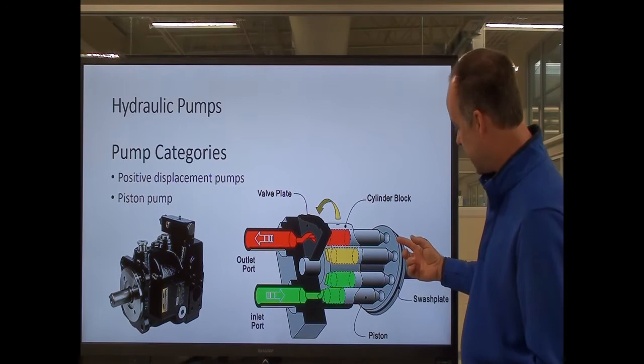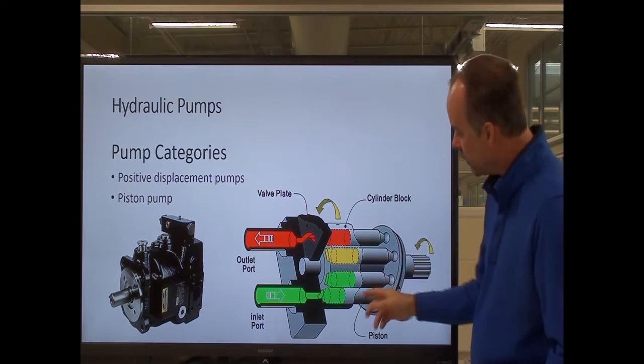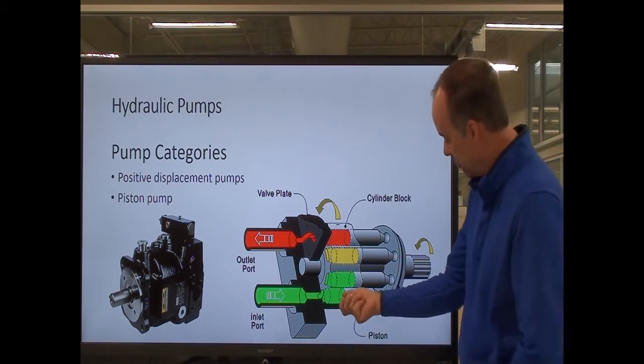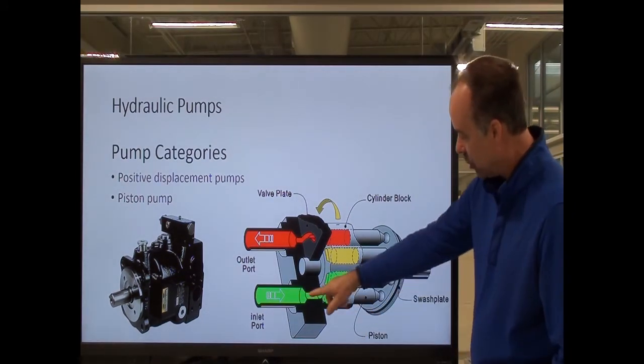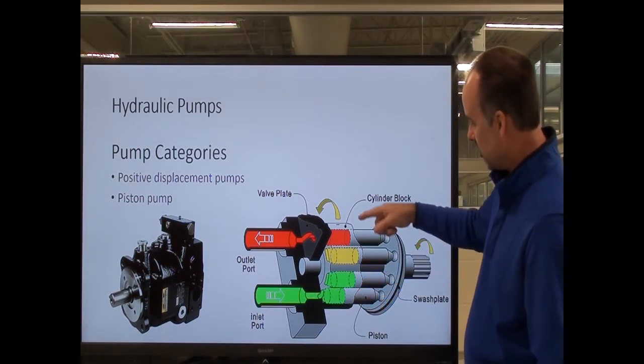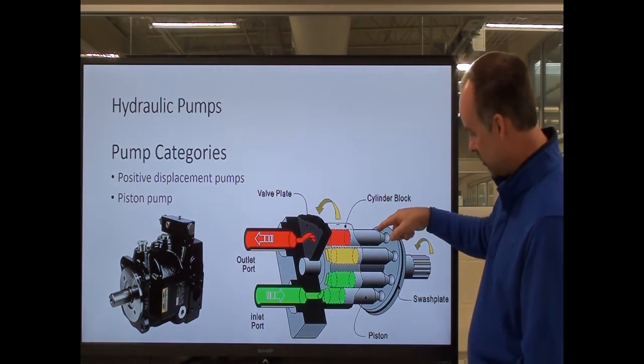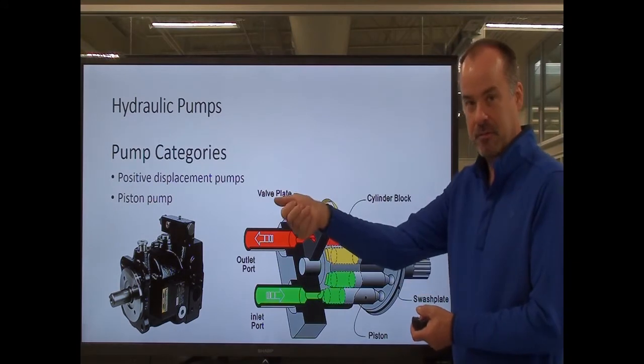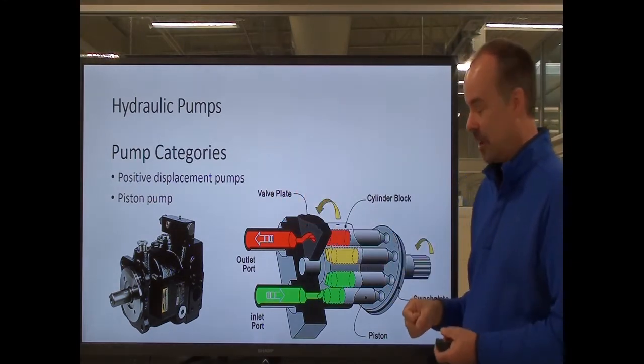As this plate spins, you notice it's on an angle, so it's like pulling a syringe. These pistons start pulling out and draw fluid in, and as it rotates around, the other side of the plate pushes the piston back out, like you're pushing the syringe out to discharge the fluid.